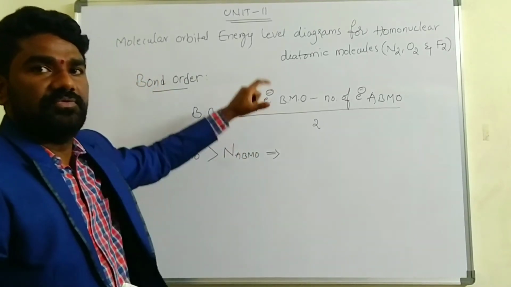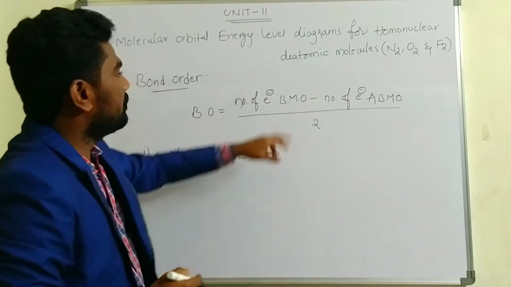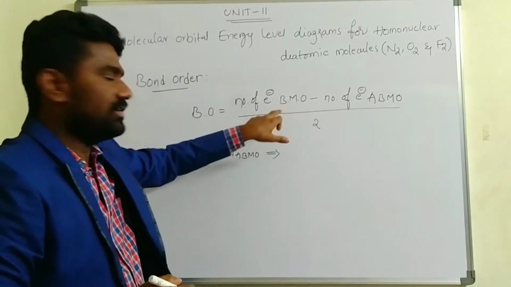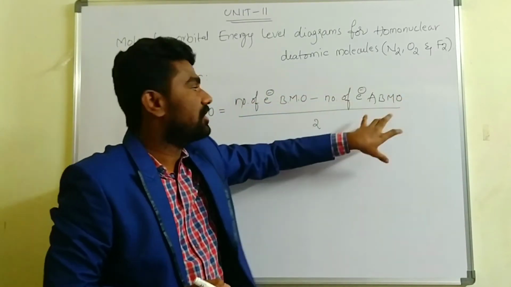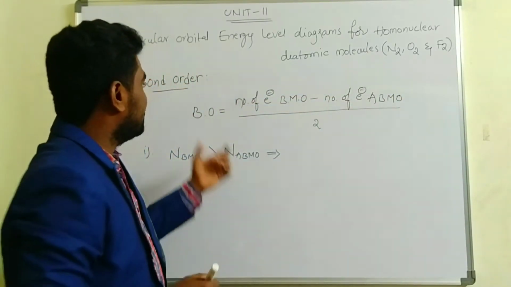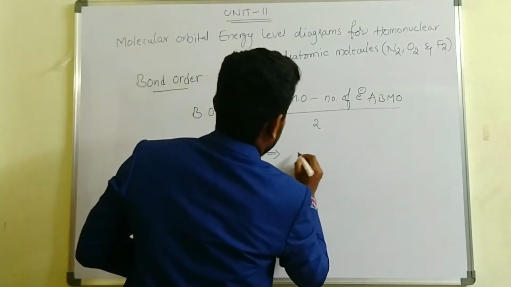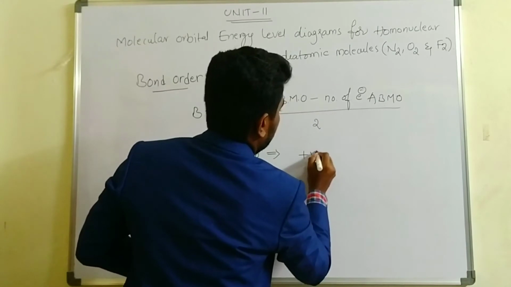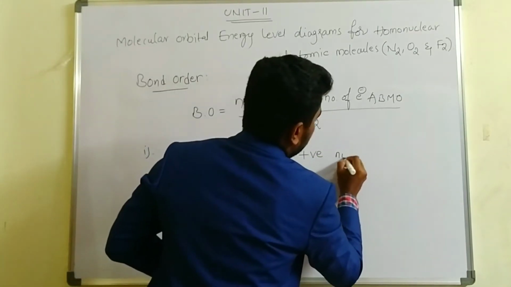What happens from the equation? If the bonding molecular orbital electrons are high compared to the electrons present in the anti-bonding molecular orbitals, the result will be a positive number, isn't it?